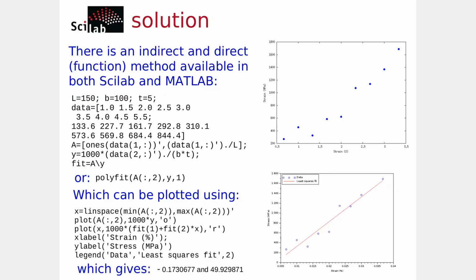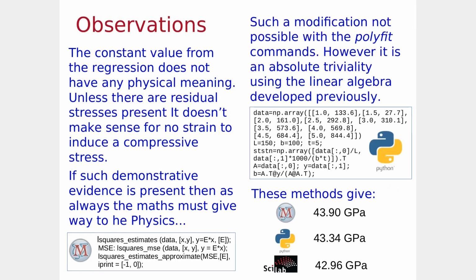Now this may be true, there may be some residual stresses in there, but it doesn't really make any sense for a compressive test when trying to compute the elastic modulus. If such demonstrative evidence is present, then the maths must always give way to the physics.